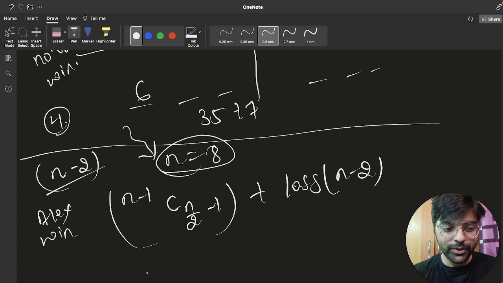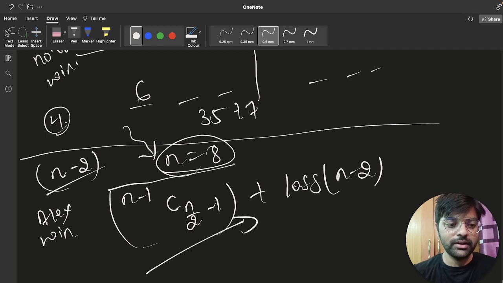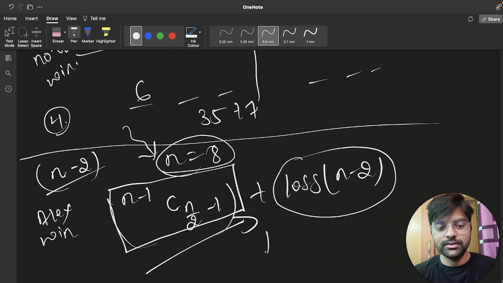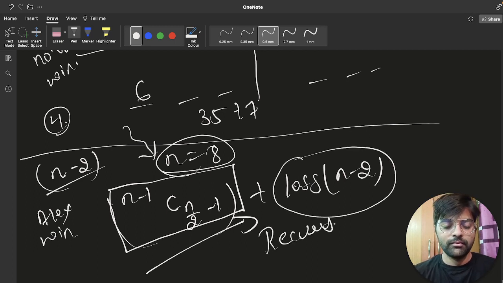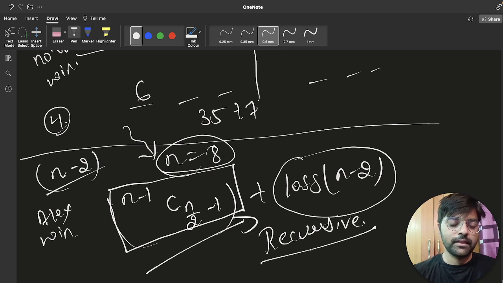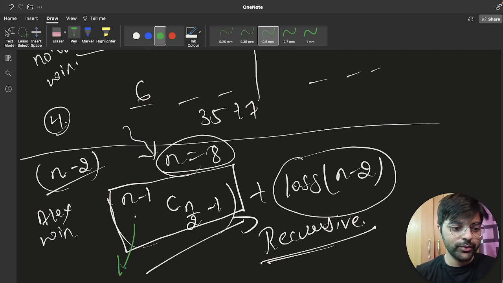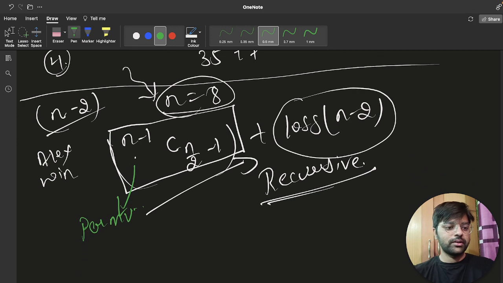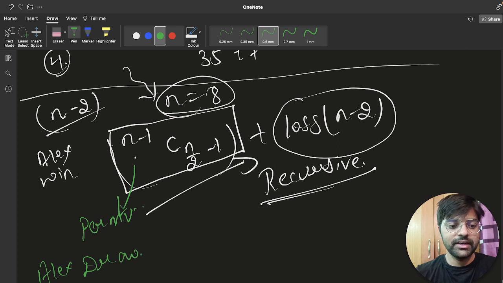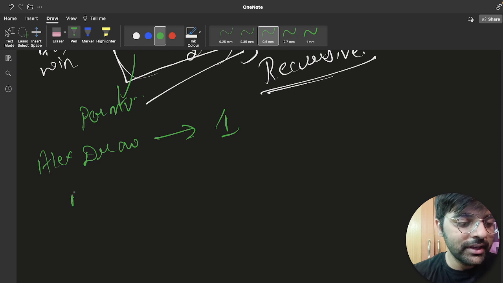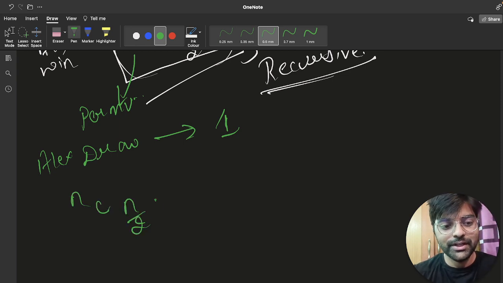So you can see that from here, this is a constant value which you will calculate, and this is some recursion, right? So from here, you have to calculate the permutation, this thing. So LX win we have got. LX draw, as we have discussed earlier, is always 1, and the total case was n choose n by 2, right?